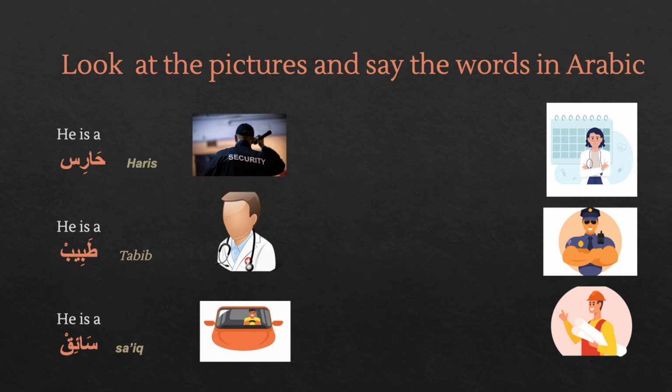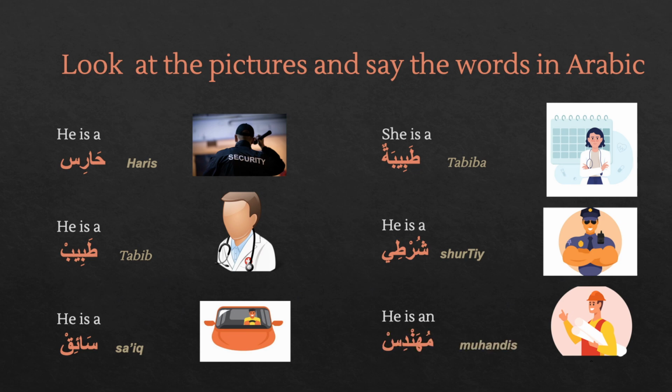And this one here, she is a female doctor. Tabiba. We didn't cover this word. It was just a bonus, but we'll cover it in the future. Next, he's a policeman, and how do you say that in Arabic? Shurti. He is shurti, policeman. And last one here, he is a muhandis, an engineer.